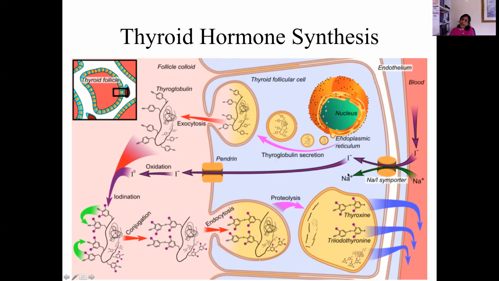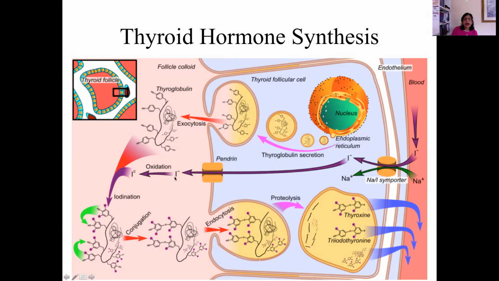Sodium ion has to make its way into the cell. So there should be a sodium gradient, and sodium moving into the cell also brings iodide with it. Once it's in the cell, this is our follicular cell, it's transported across the cell by another transporter called pendrin. And then it's oxidized.